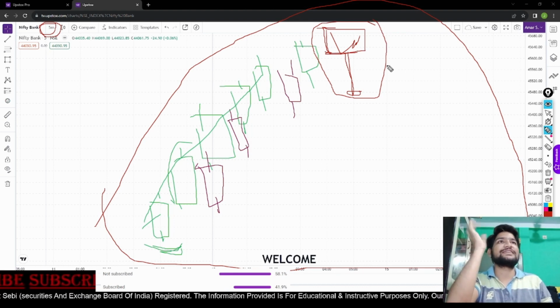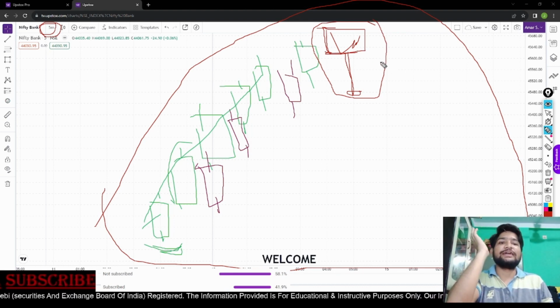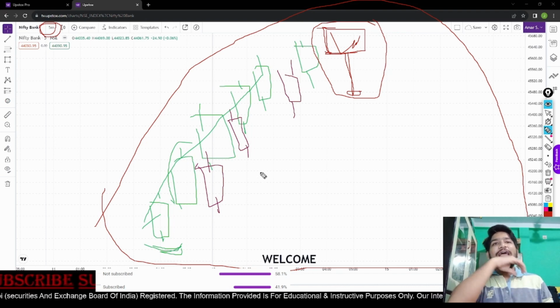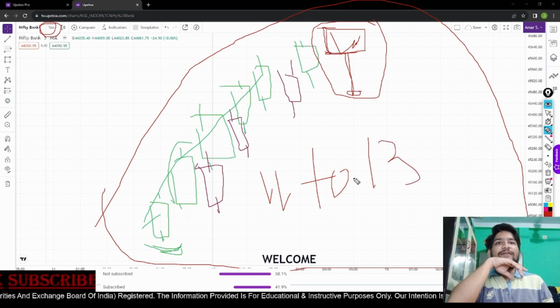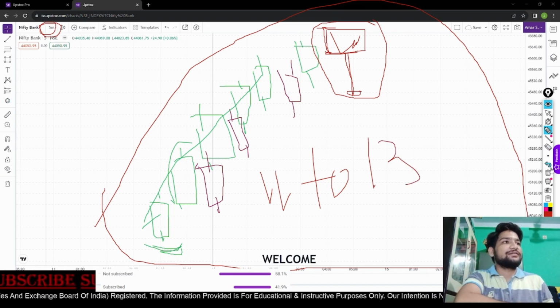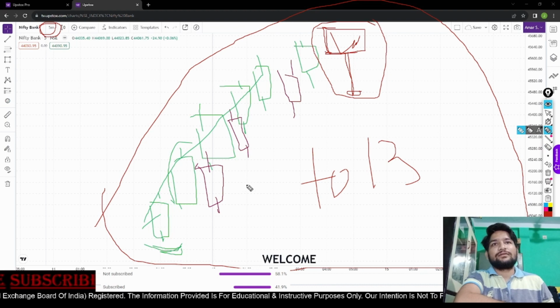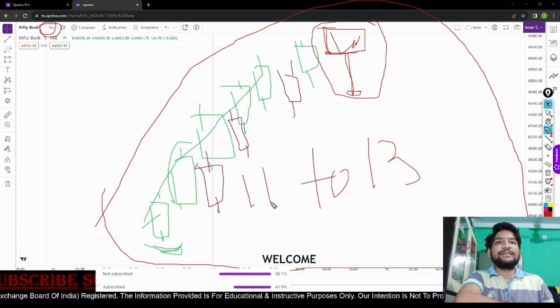As it is a selling candle, we have to see 11 to 13 candles. It looks like an inverted one, right? We have to see if the trend is strong enough.